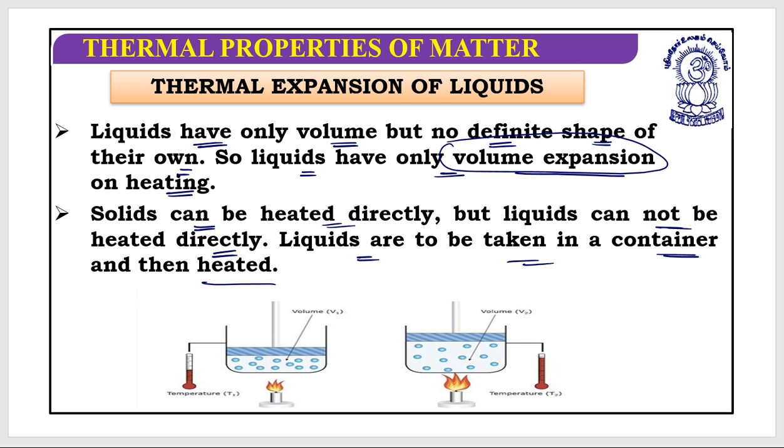When I need to heat up a solid, I take that rod and heat it up directly. But in the case of a liquid, this could not be the situation. It first needs to be filled into a container, and then you heat up that container, and indirectly that heat is provided to the liquid.